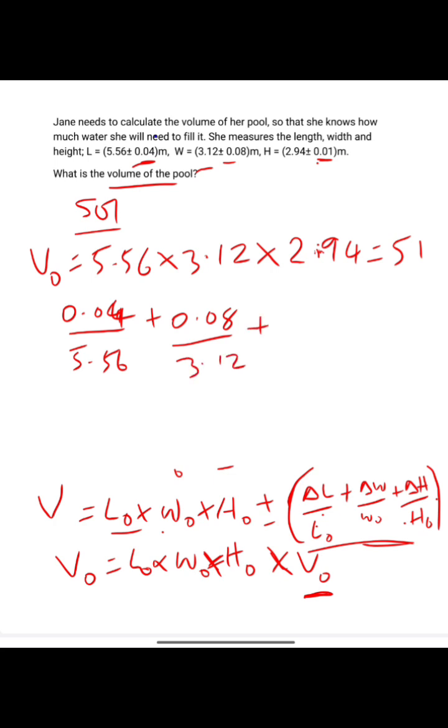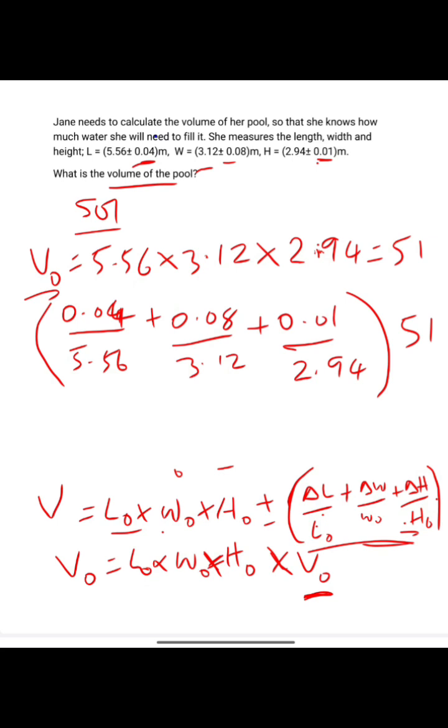Plus the uncertainty in the height, which is 0.01, divided by the measured value of the height, which is 2.94. Everything I get here will be multiplied by V sub 0, so I multiply everything by 51.